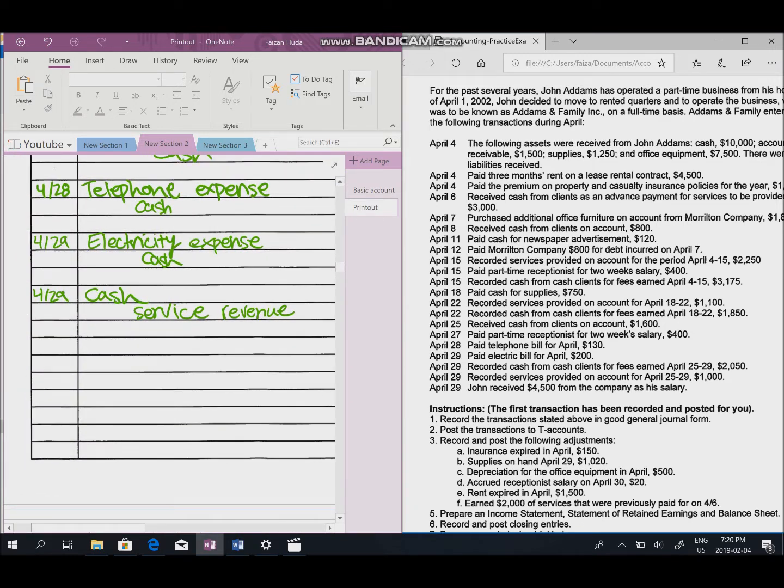Moving on, April 29, recorded cash from cash clients. I've already done that. April 29, recorded service provided on account. So on account, as I said, means accounts receivable. Since you have already provided this service, it's not unearned revenue. You have provided the service, that's why it is service revenue.